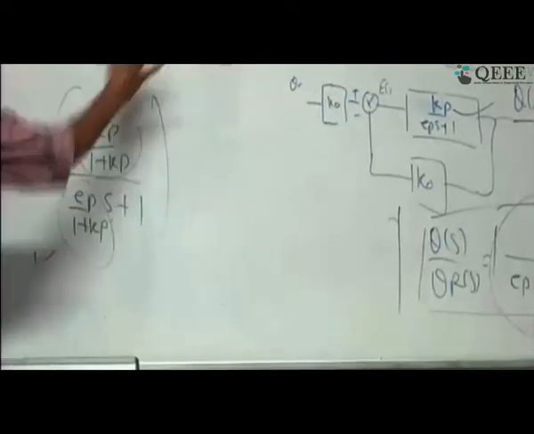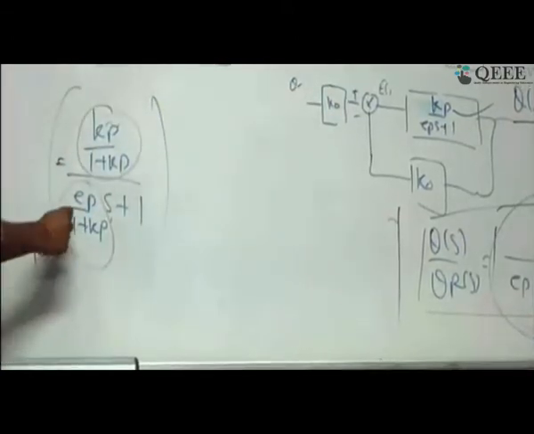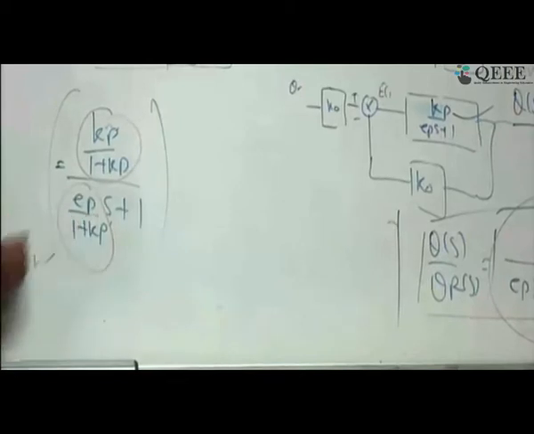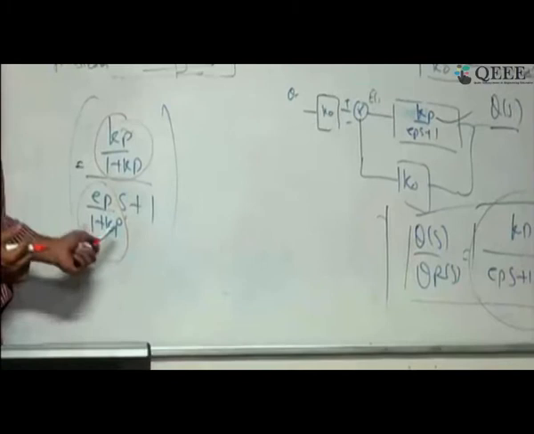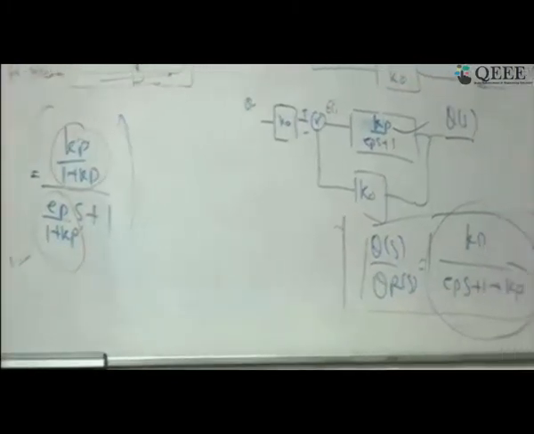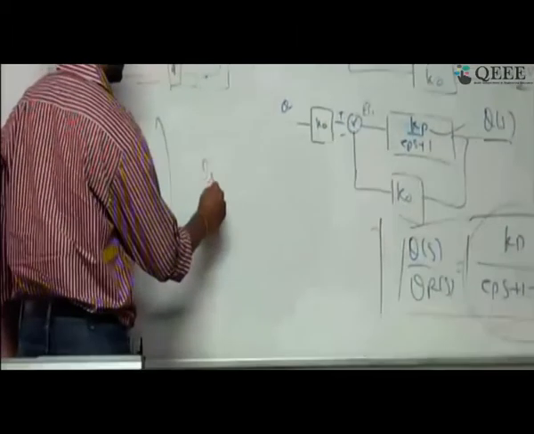If this system was not there, without this, the time constant would have been tau p. Now it has come down. So we can say that by adding a proportional controller, and if you increase the proportionality constant, the system is becoming faster and faster. Now the second thing: what is the steady state value, theta ss, for a unit step input?